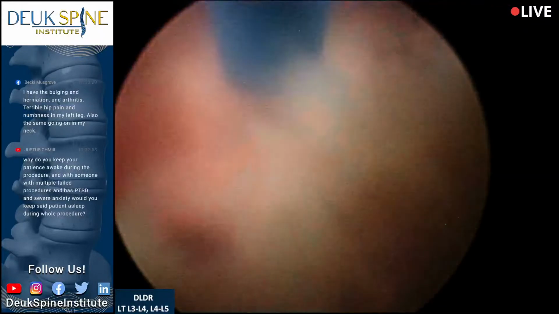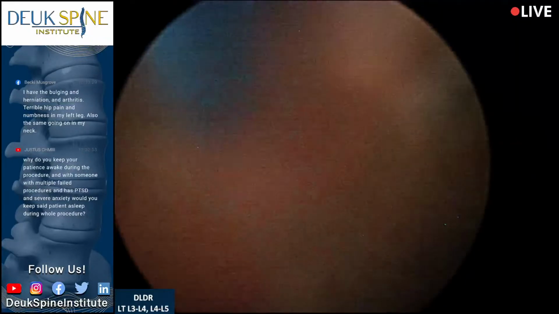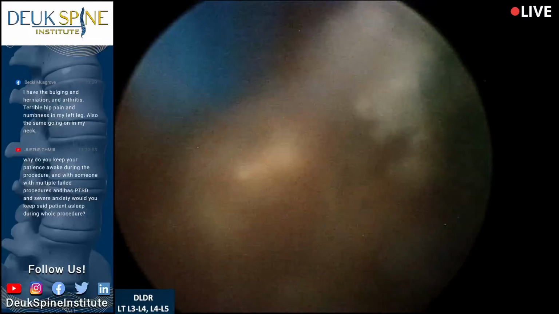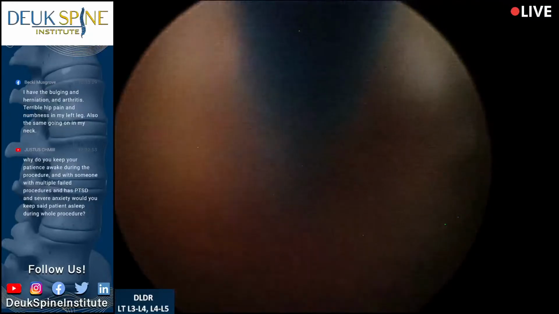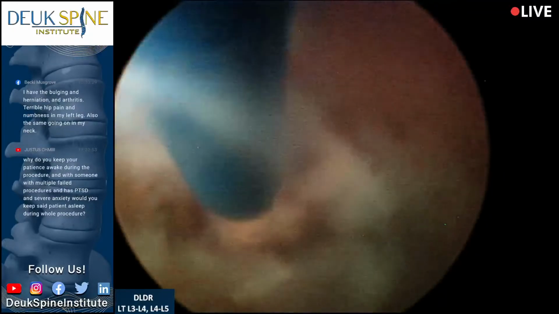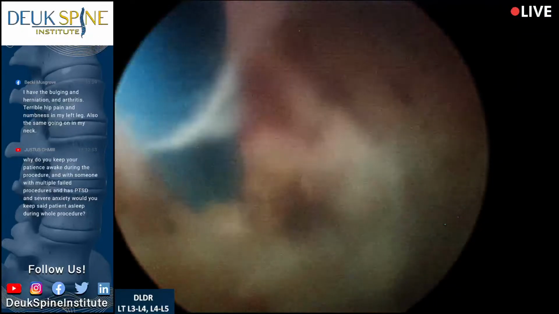Now, the not having pain part we also work on, and that's called analgesia. Analgesia means get rid of the pain. We do that through medications that we either inject in the vein, like fentanyl, or medications that we inject under the skin or in the disc.